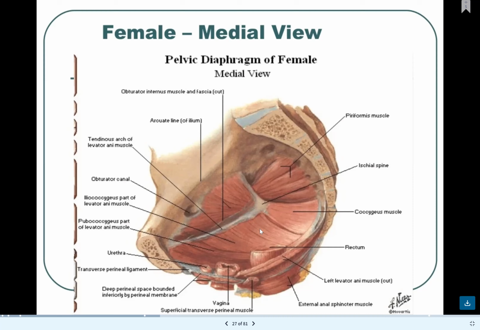This is the iliococcygeus part of the levator ani muscle. This is the pubococcygeus part of the levator ani muscle. And then we can't really see the puborectalis muscle here because that will be down where the rectum is.